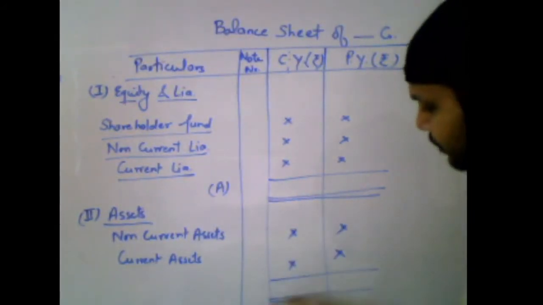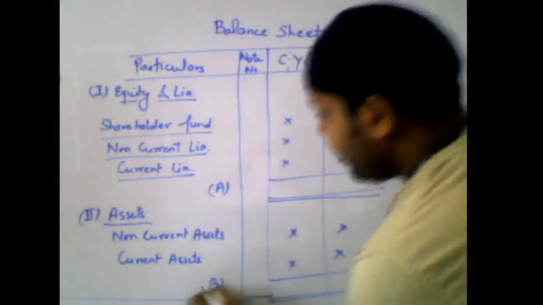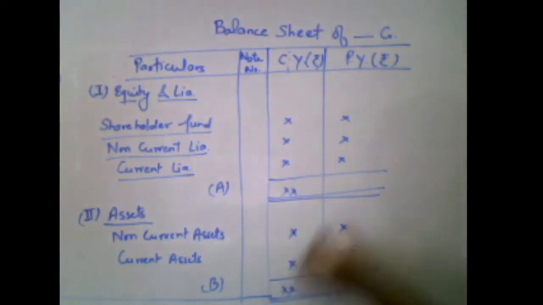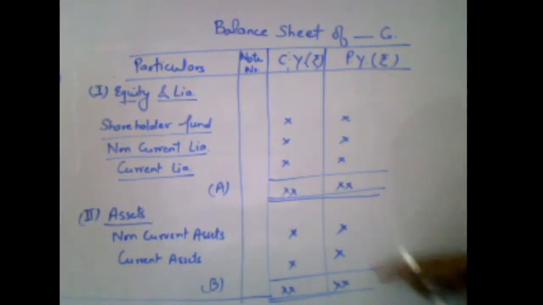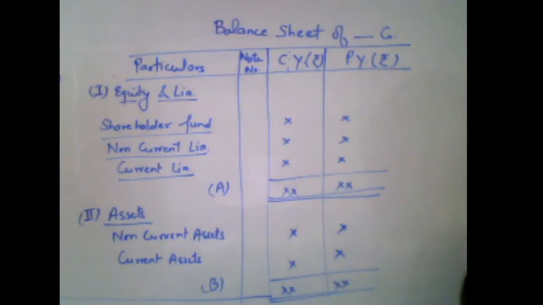So this is a format of the company, and you know very well, the liability side is always equal to the asset side. Previous liability will be equal to the previous asset side, and current liability side will be equal to the current. So this is a rough format of the balance sheet.